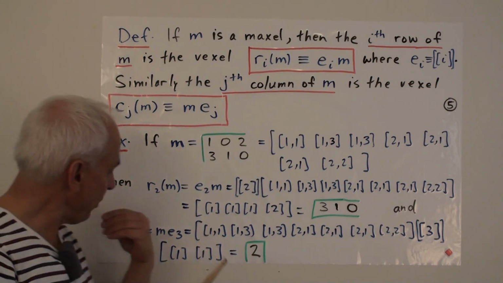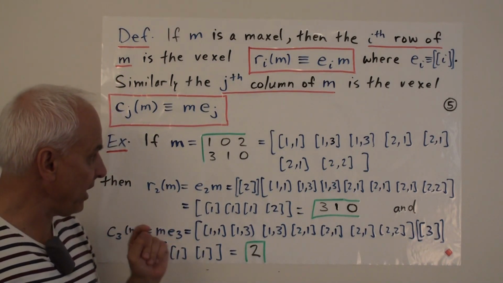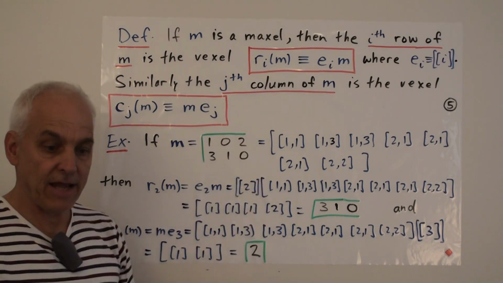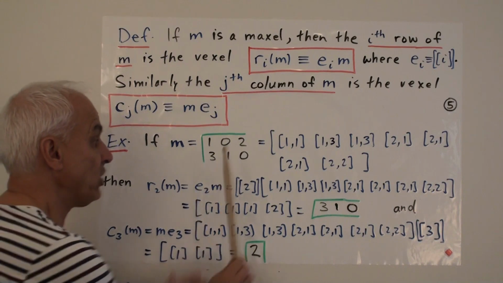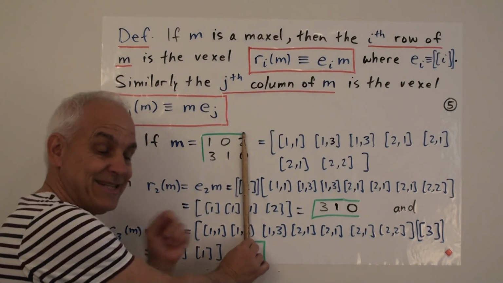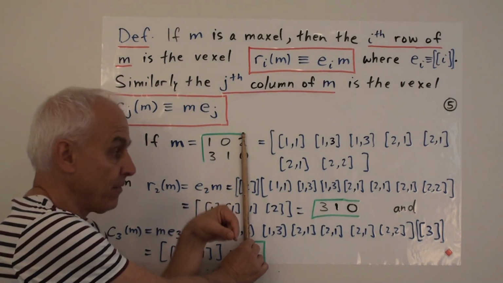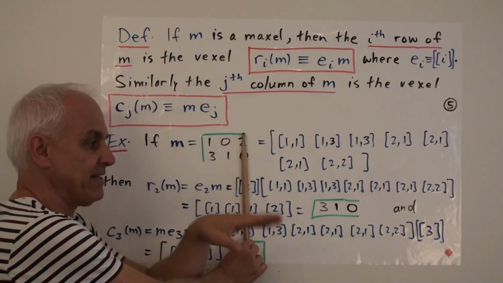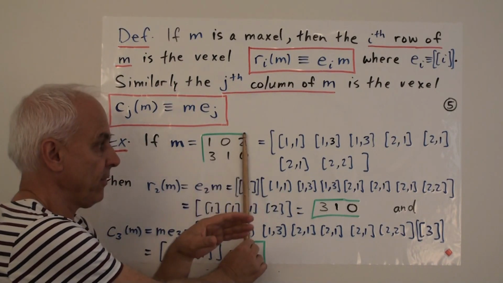So again, what we're doing when we're multiplying by this E3 is we're looking at all the pixels in this maxel and disregarding all of the ones which don't have a 3 as their second entry. All the things that are not having 3 as a second entry are basically being ignored or killed.